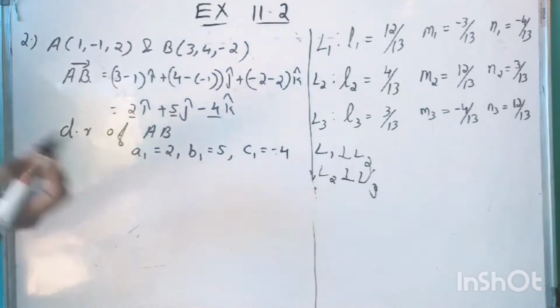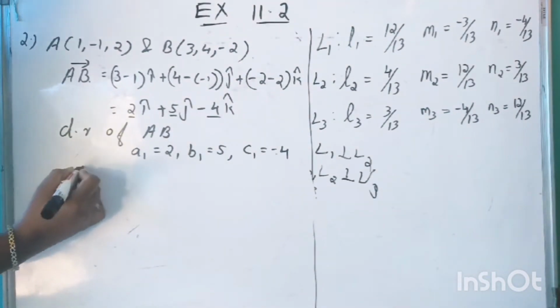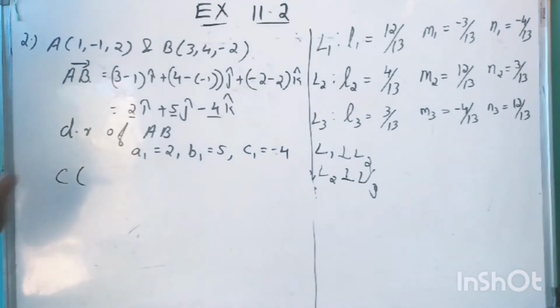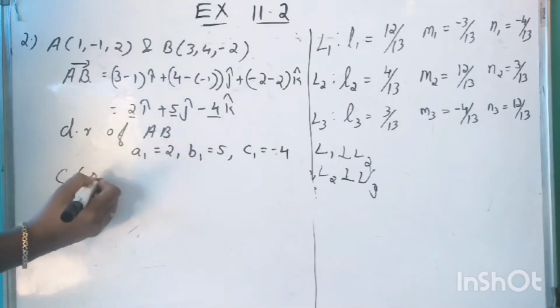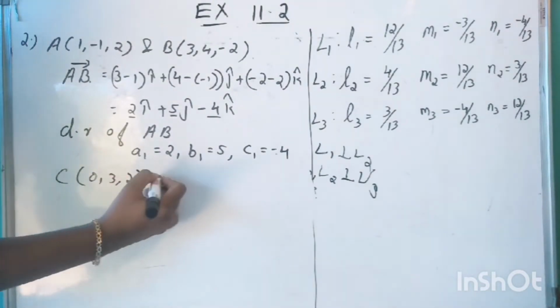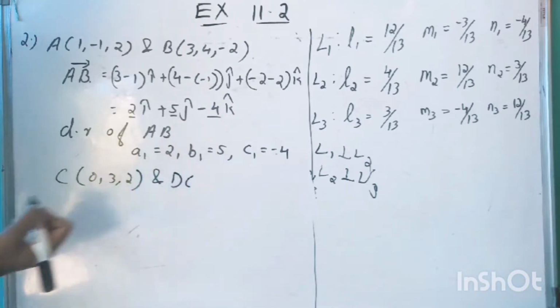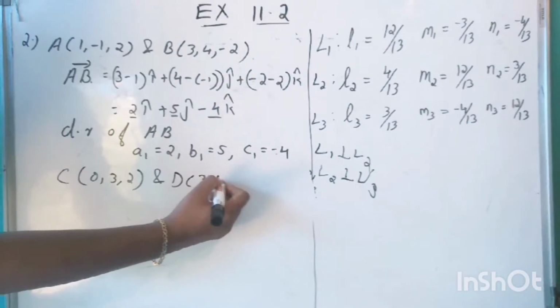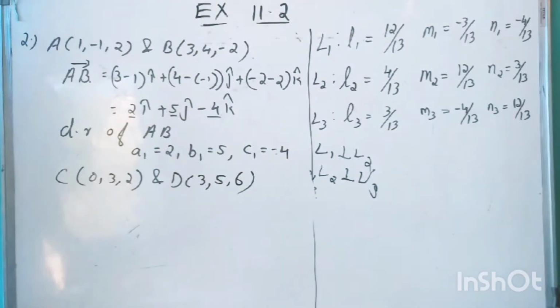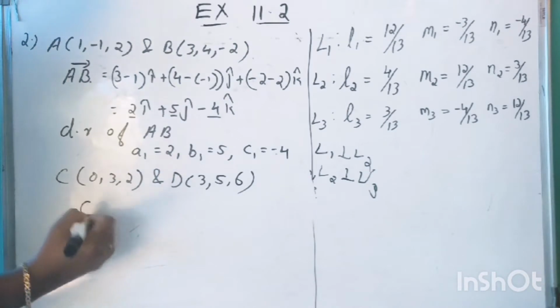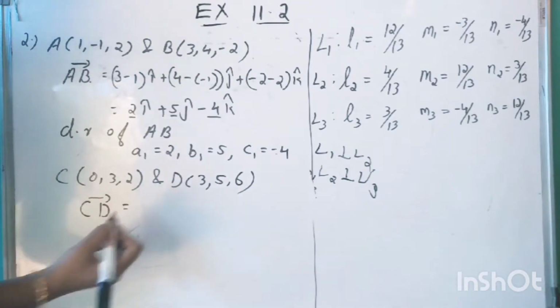Now consider the second set of points. Let C be (0, 3, 2) and D be (3, 5, 6) be the given points. Then consider the CD vector.